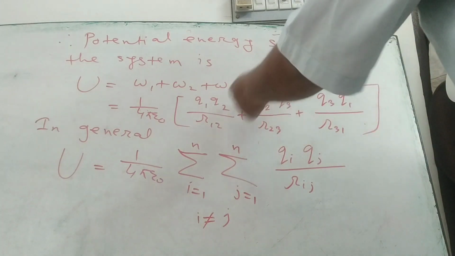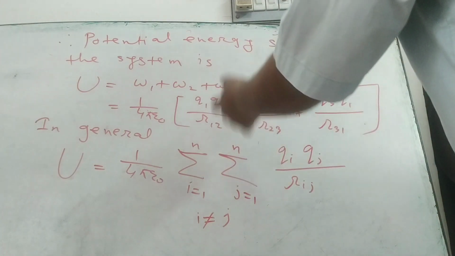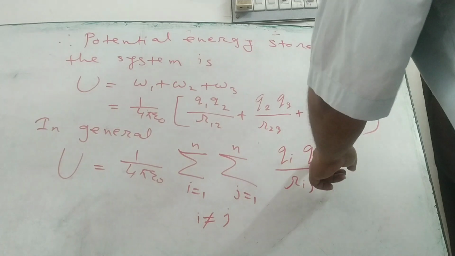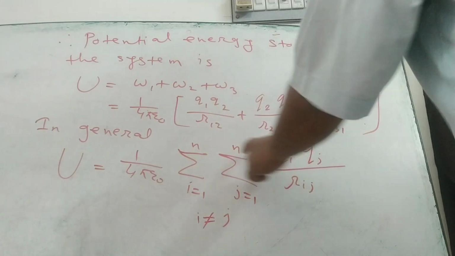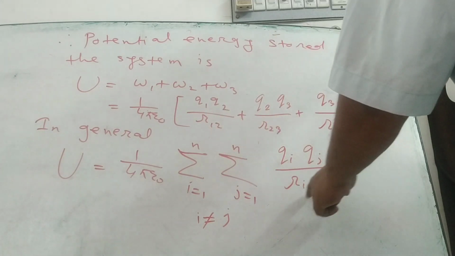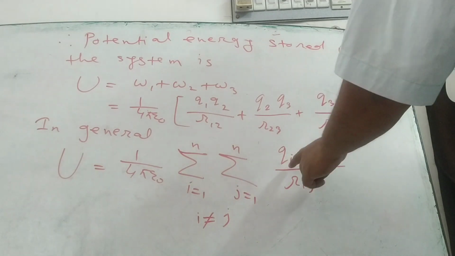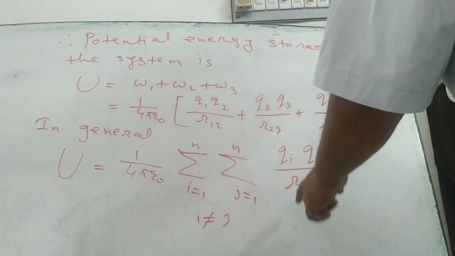For the three charges, q1 q2 by r12 plus q2 q3 by r23 plus q3 q1 by r31.